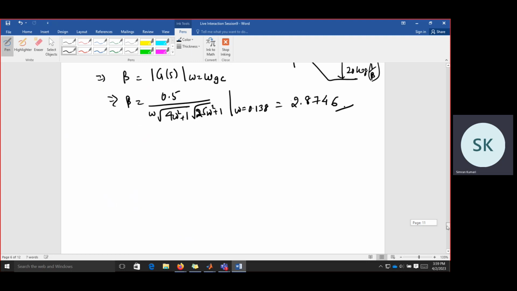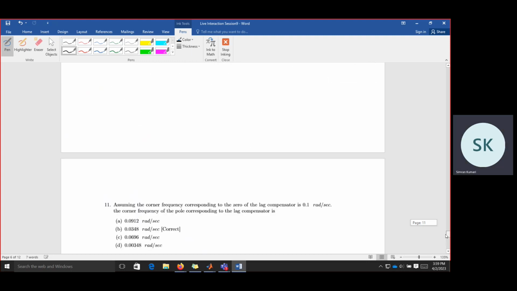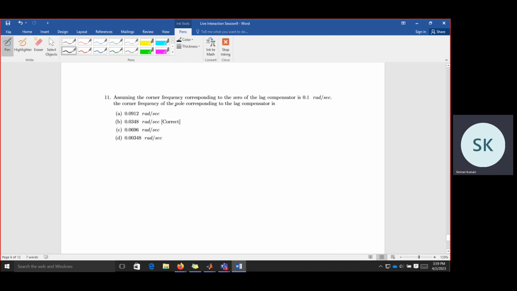in the lag compensator. Now it is said the corner frequency corresponding to the zero is 0.1. So 1 by T, because when we are talking about the lag compensator, it's like this. We have (j omega T plus 1) by (j omega beta T plus 1), and we have one pole and one zero.